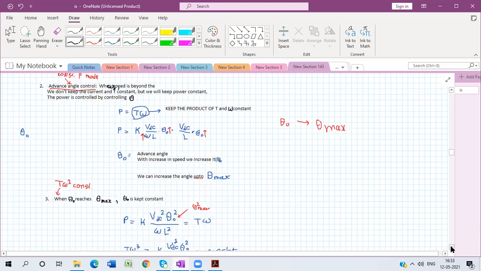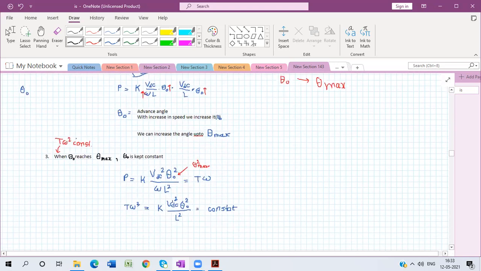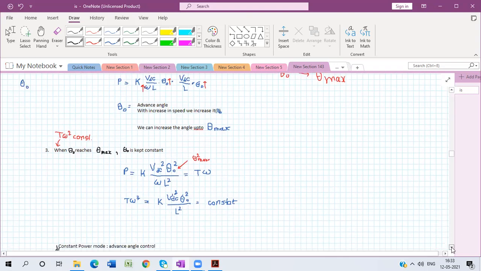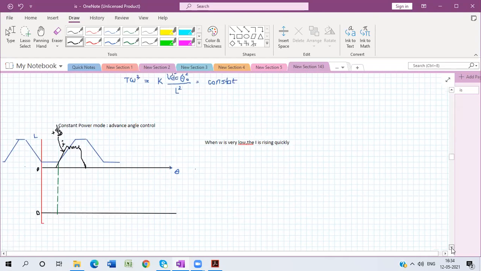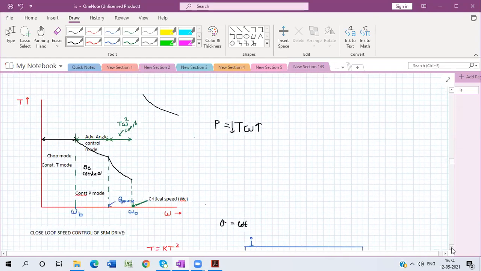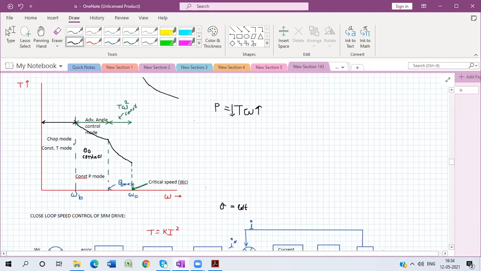After that we reach the T omega square constant mode, which is also called the natural operation mode. See these equations. This is the particular graph of torque versus speed: the choke mode, the advanced angle control mode or theta naught mode, and the constant power mode. What is the meaning of omega b?